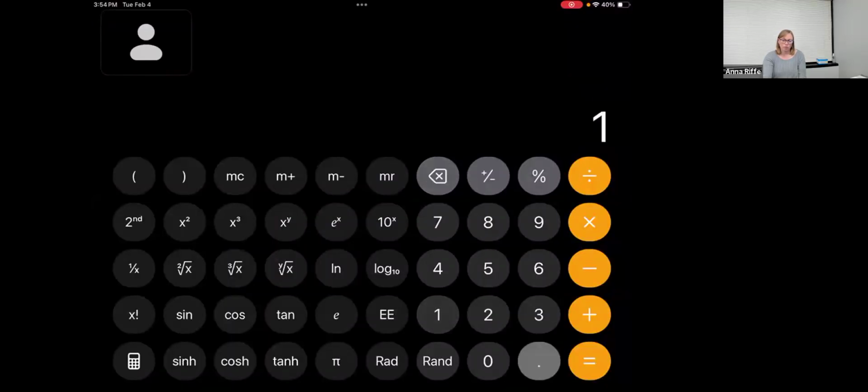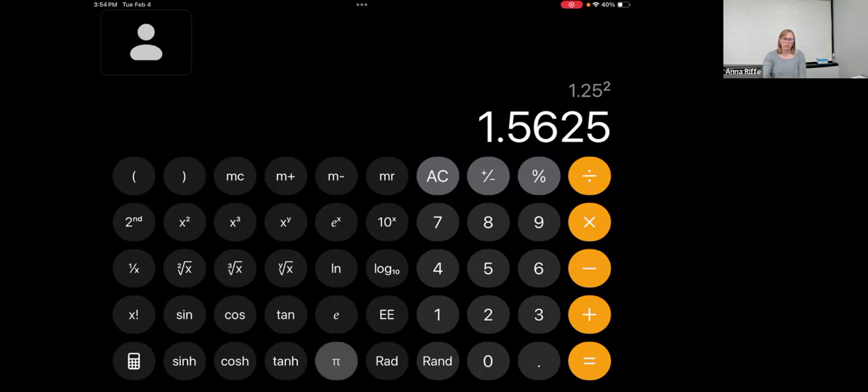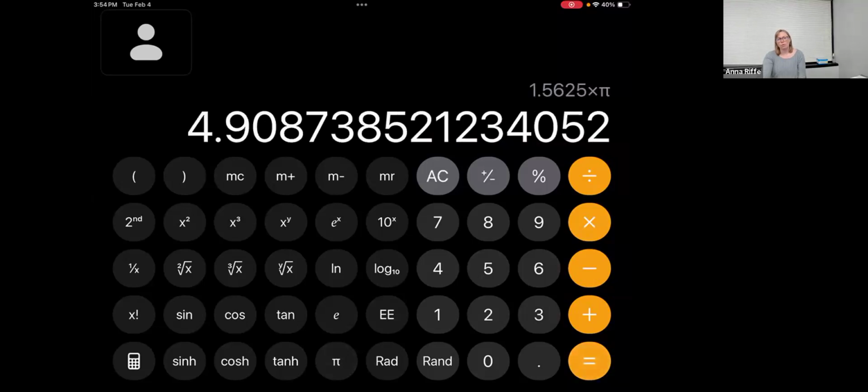I'm going to take 1.25 and square that. That is equal to 1.5625, and then I have a pi button on my calculator, which is down here on the bottom. I'm going to multiply 1.25 squared by this pi button, and I get 4.9087, etc. I'm going to round that to 2 decimal places, so it's 4.91.